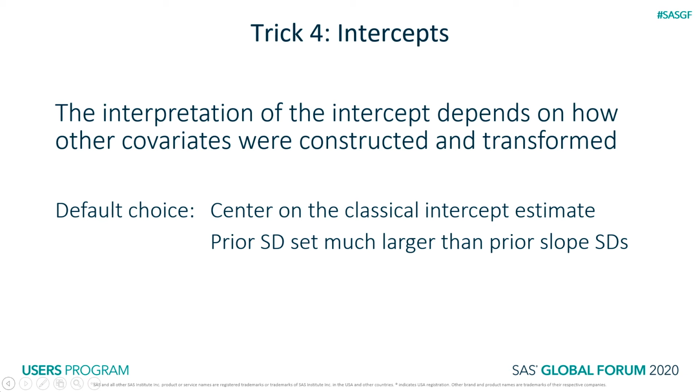Now, if you cared a lot about this parameter for some inferential question you have, you'd want to do something a little more principled. But as a nuisance parameter, this is fine. And so the prior I choose is centered on 8.88, because that's the OLS estimate, it turns out, of that intercept. And this prior standard deviation is 100, which is about 2 orders of magnitude larger than 4, the largest prior slope standard deviation.